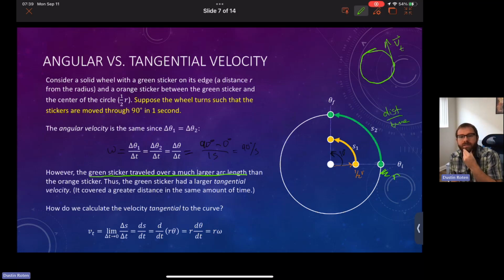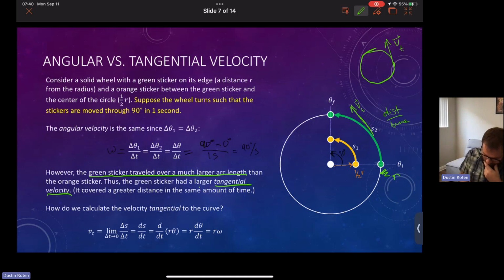So the green sticker covered more distance in the same amount of time as the orange sticker, so the green sticker had a larger tangential velocity. Now we're talking about this piece, and that's not angular velocity anymore. So how might we calculate this tangential velocity?